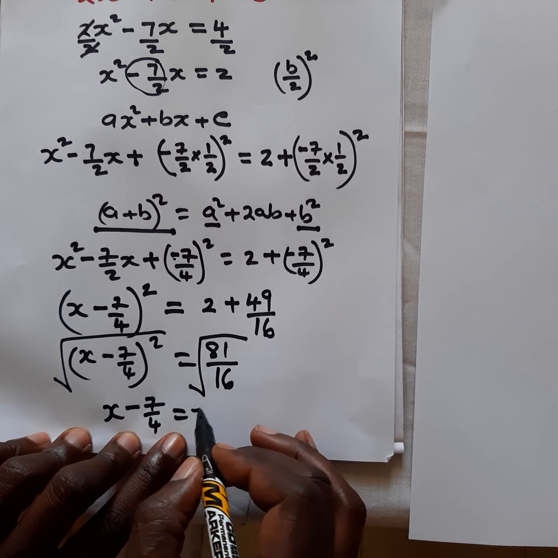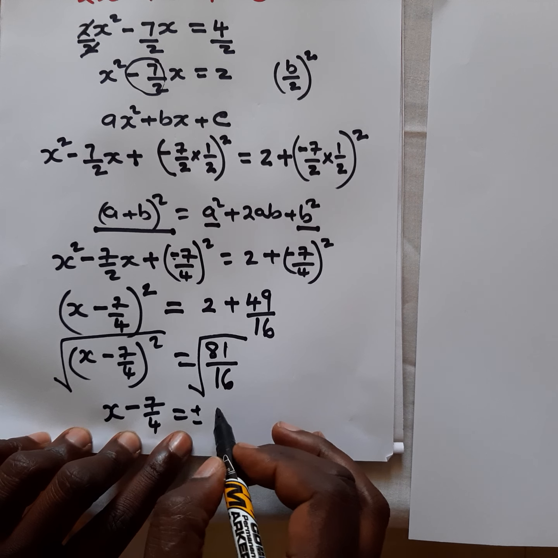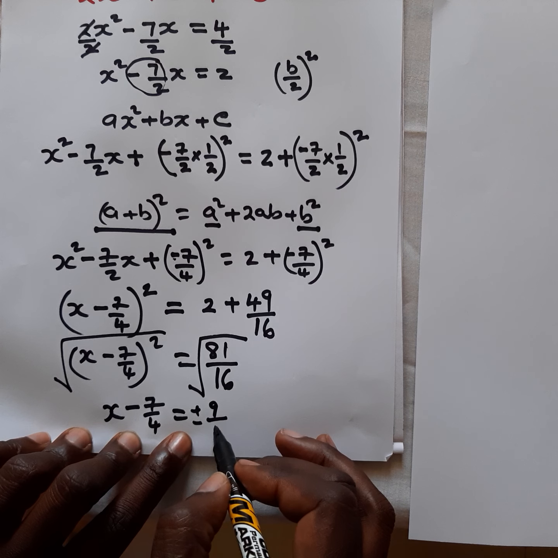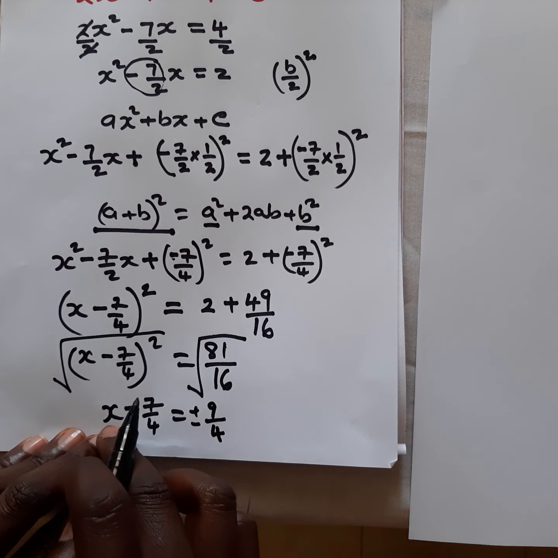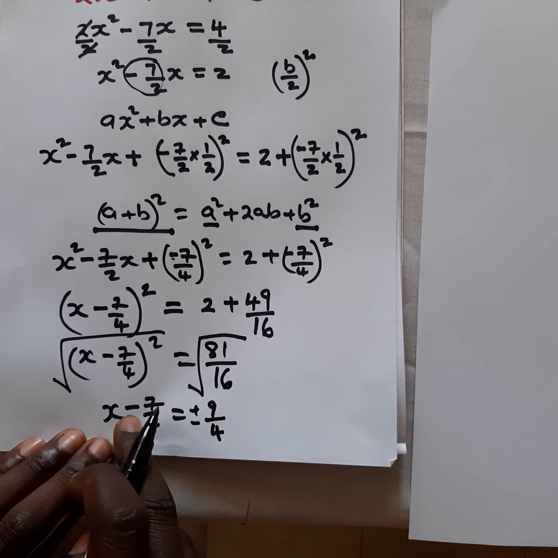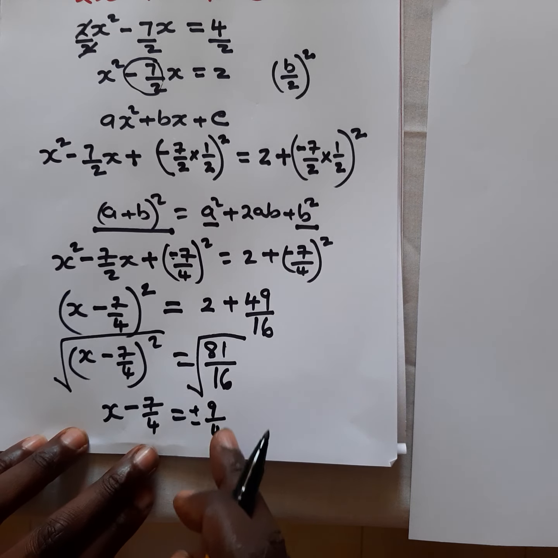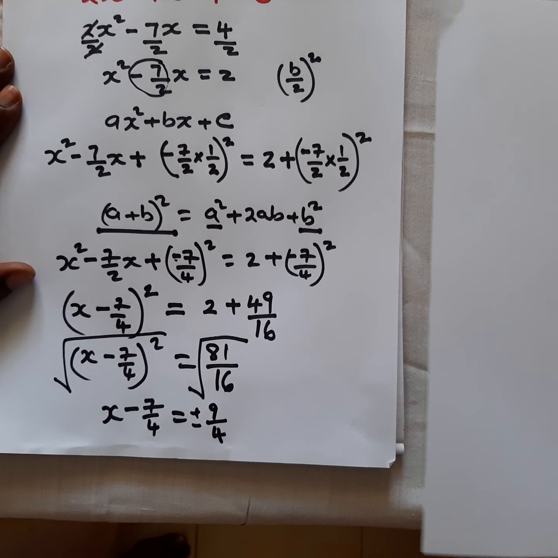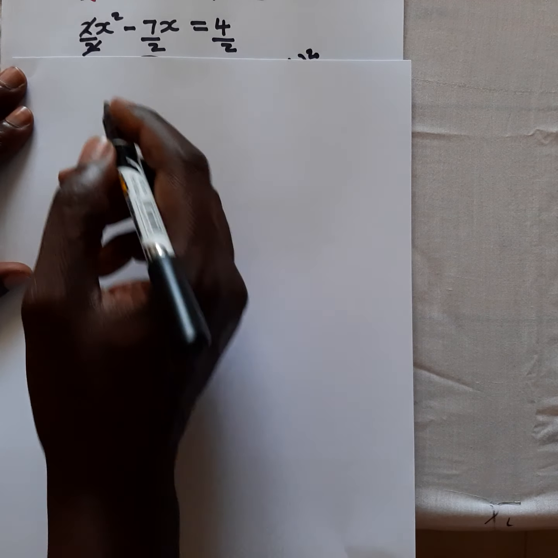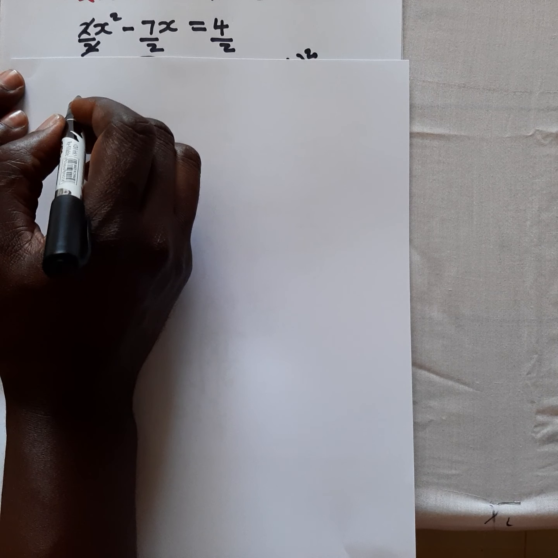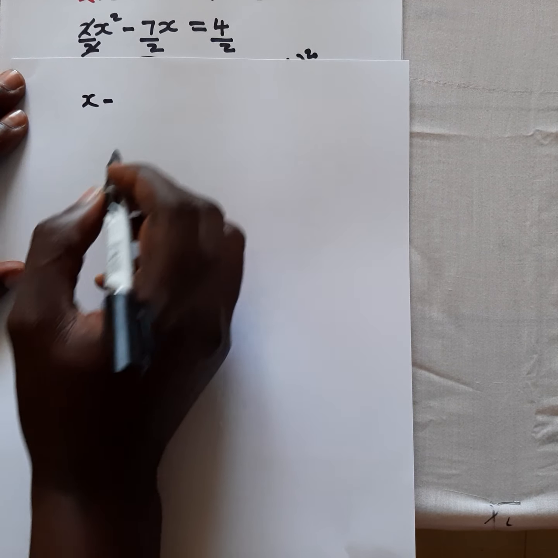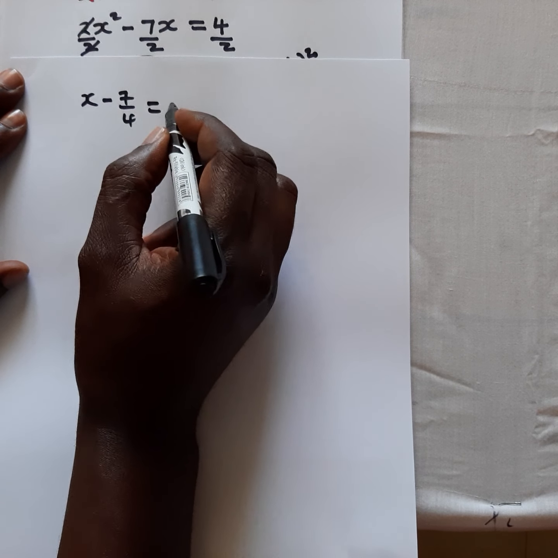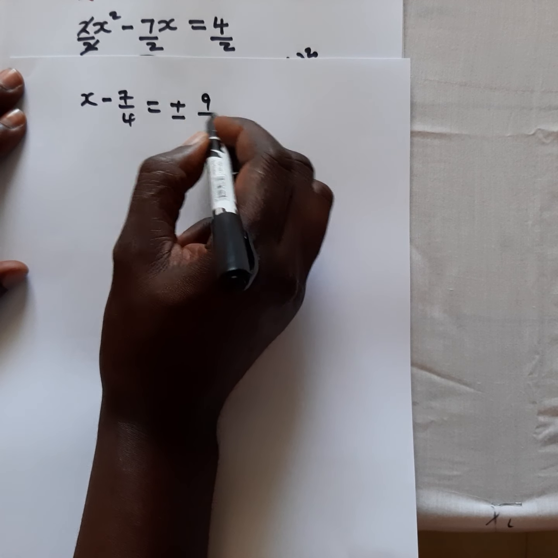So we have x minus 7 over 4 equals positive or negative, the square root of 81 over the square root of 16, that is 9 over 4. Therefore we have x minus 7 over 4 equals positive or minus 9 over 4.